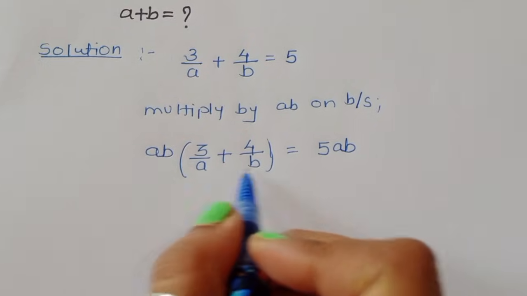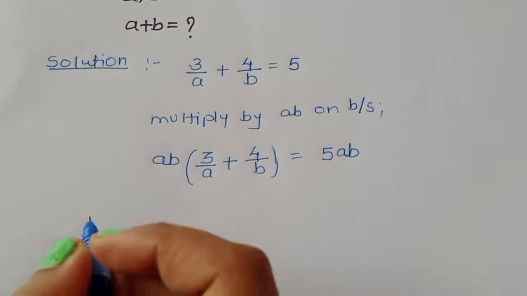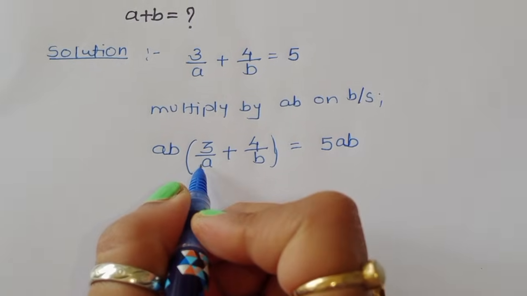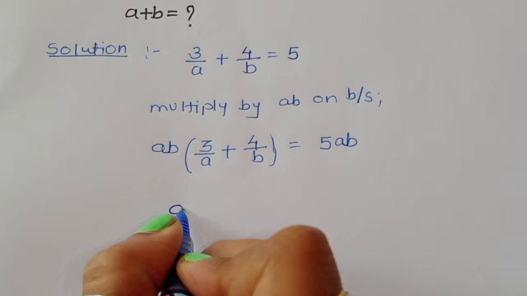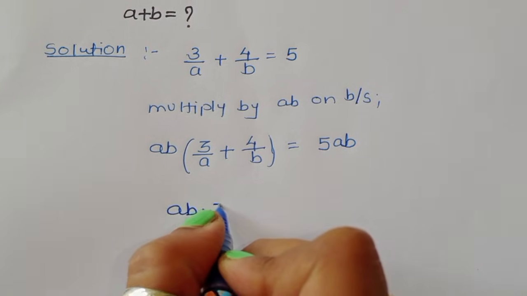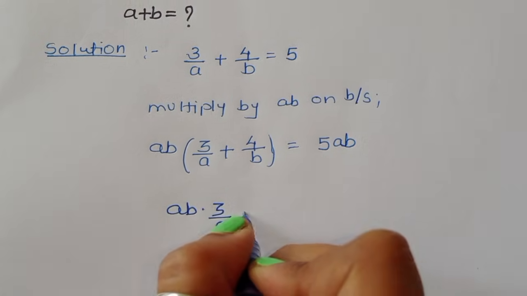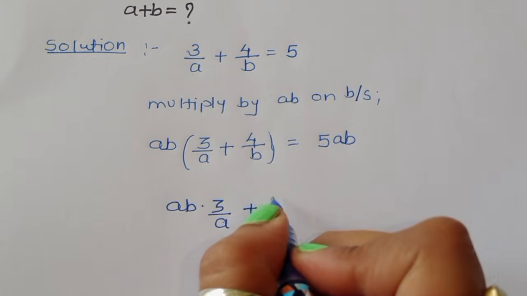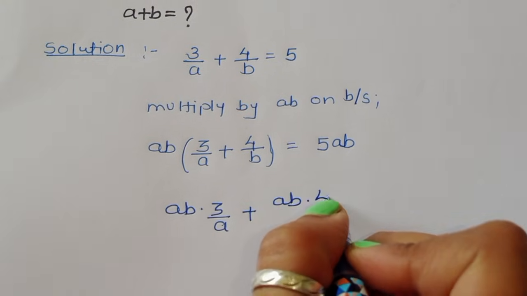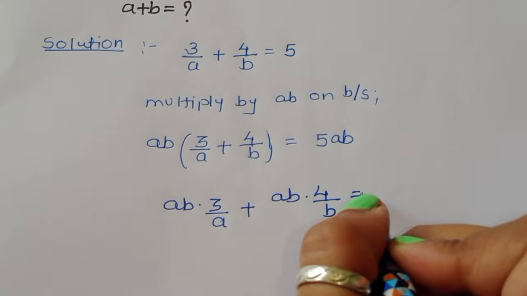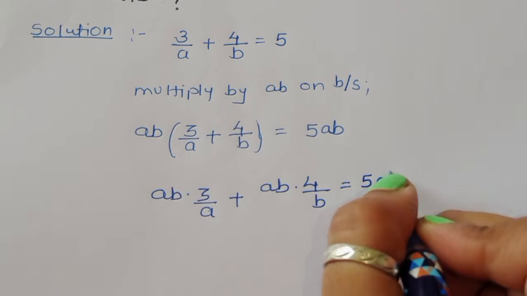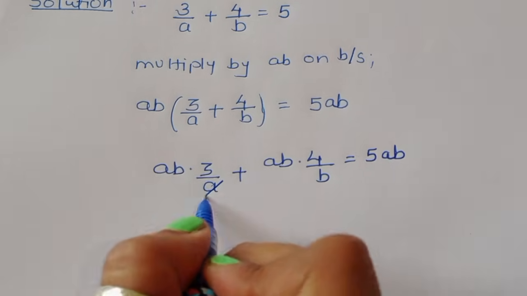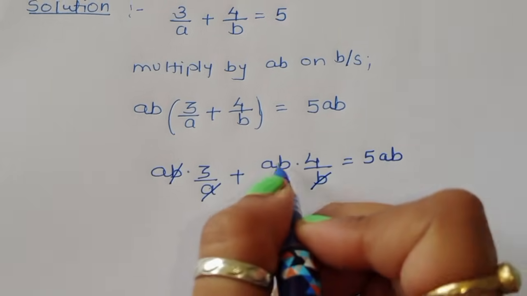So we are multiplying with ab on both sides. Now ab times 3 upon a becomes ab times 3 upon a plus ab times 4 upon b is equal to 5ab, right? Now this a is cancelled from this a, and here b is cancelled from b.